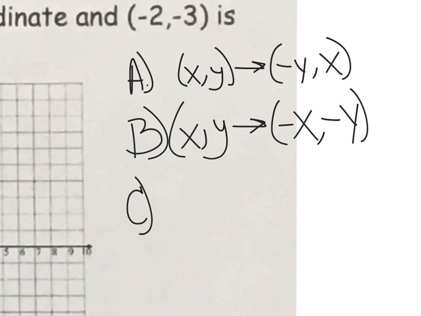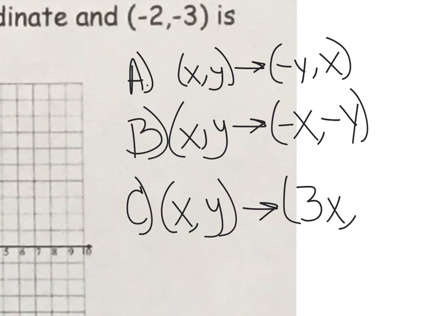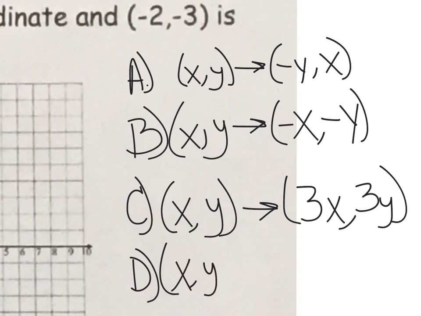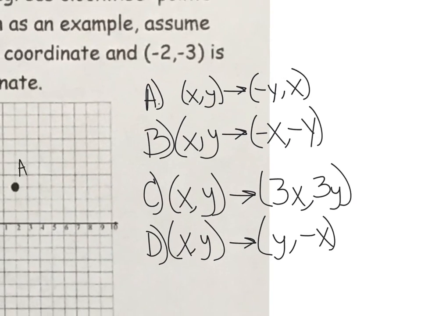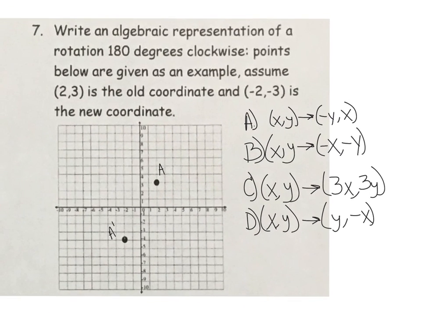Answer choice C, x comma y changes to 3x comma 3y. And answer choice D, x comma y changes to y comma the opposite of x. So there are your answer choices. Pick which one you want and write the answer in. Whoops, I didn't put in parentheses after that one. There we go.